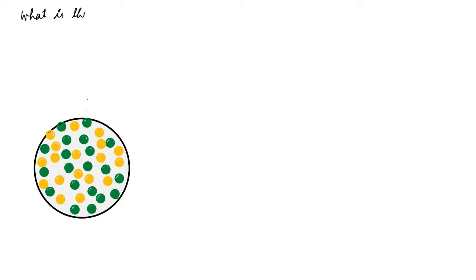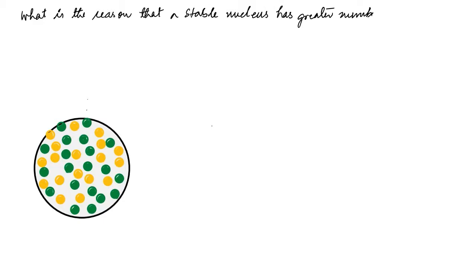What is the reason that a stable nucleus has a greater number of neutrons as compared to protons?